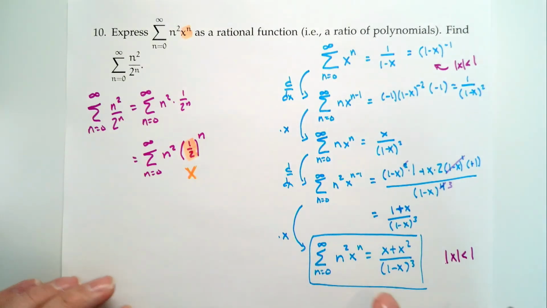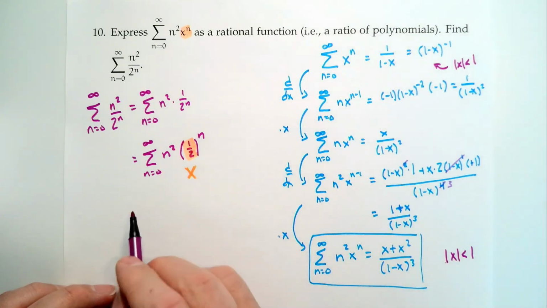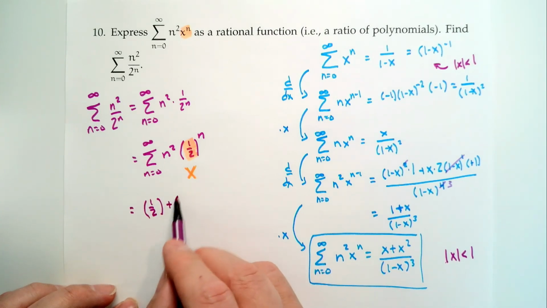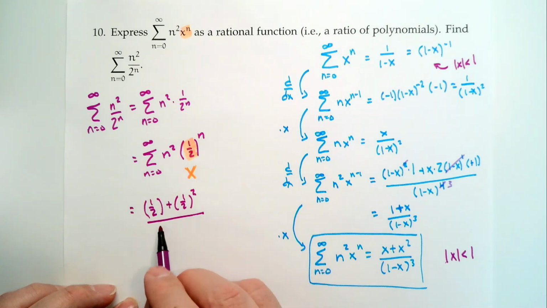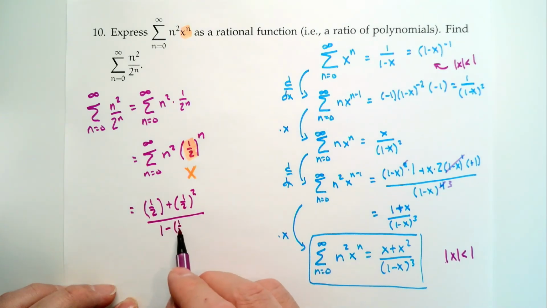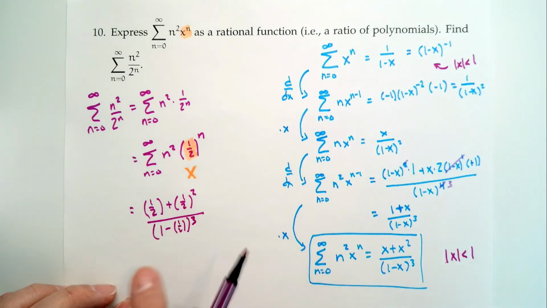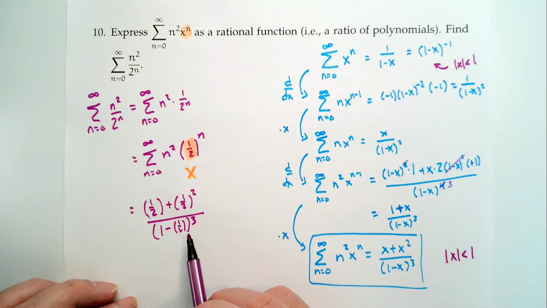So that says come into here and plug in a half. So we get that this is 1/2 plus (1/2) squared divided by (1 minus 1/2) cubed. Now, downstairs, what do we have? Well, it's 1 minus a half, that's a half, cubed, that's an eighth.